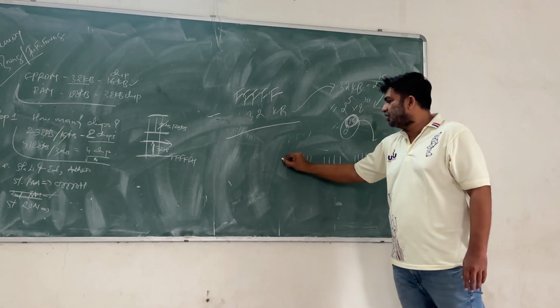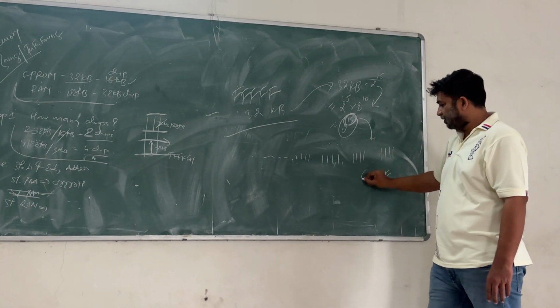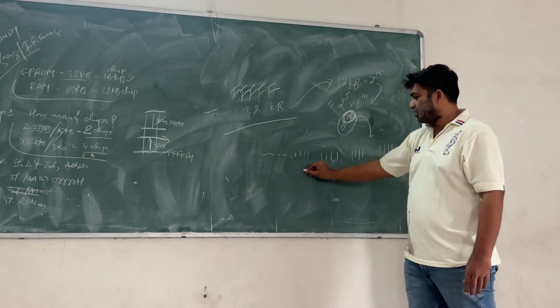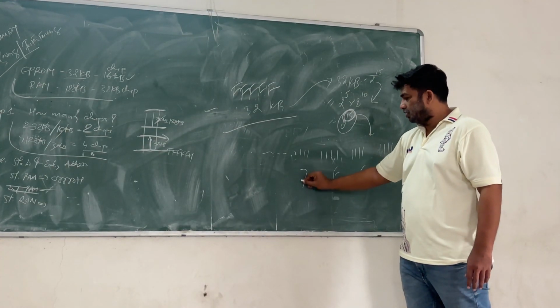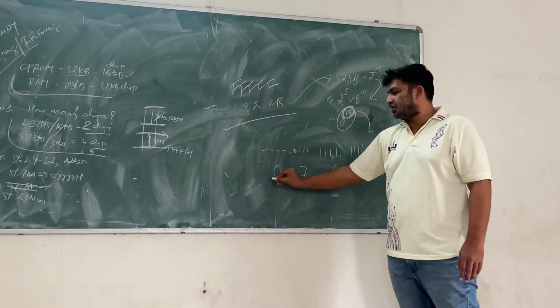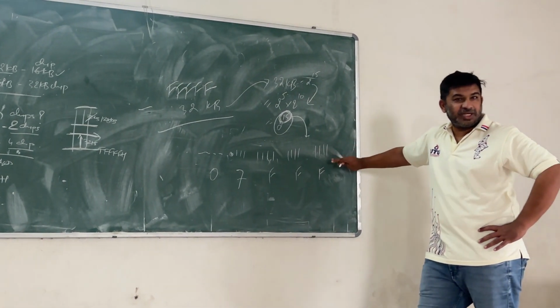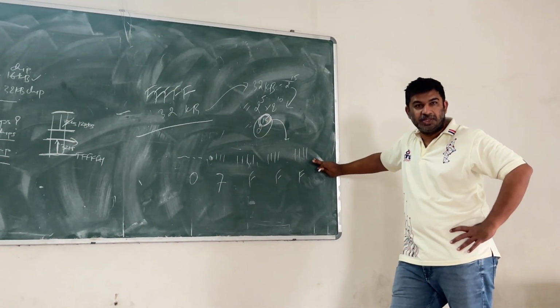All others will be 0. This is F, 3 times 1, and this is 0. Now this is my 20 bit number, and this number represents 32 KB.